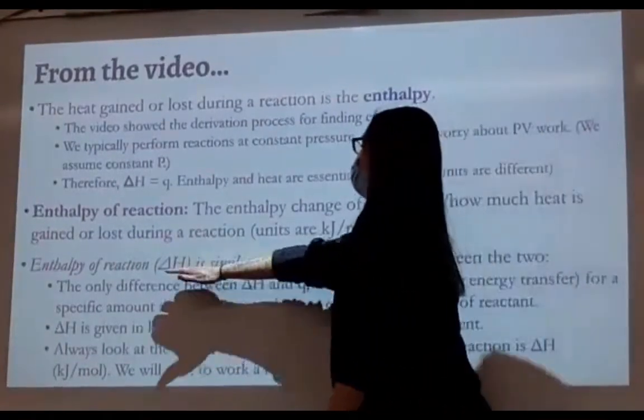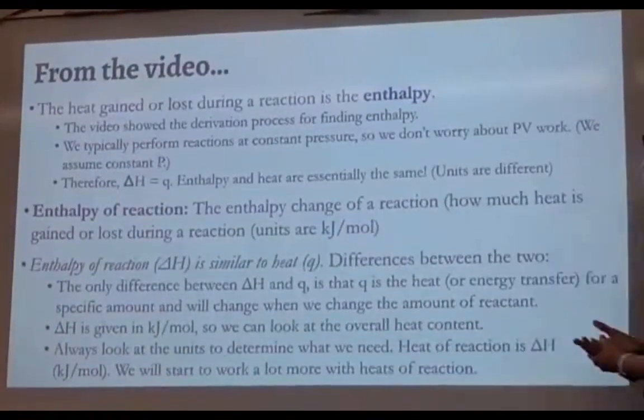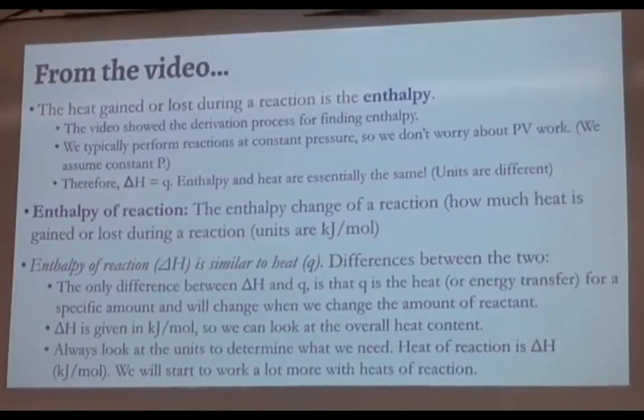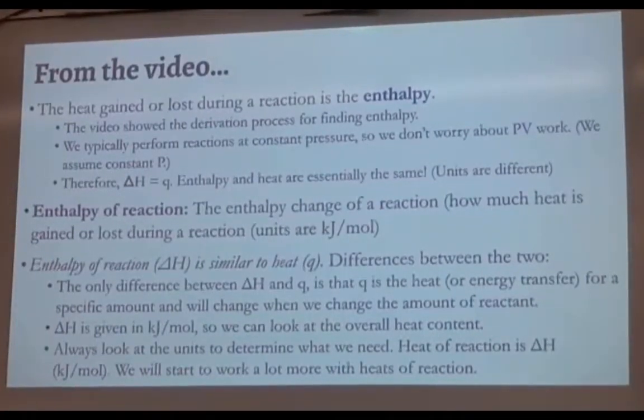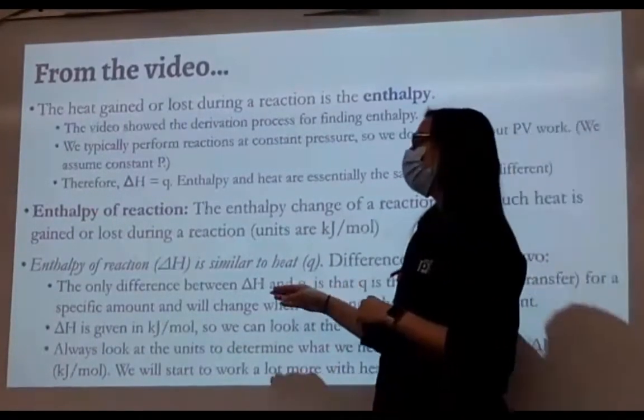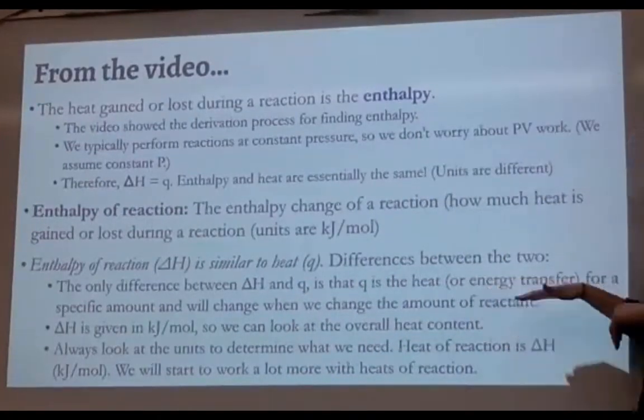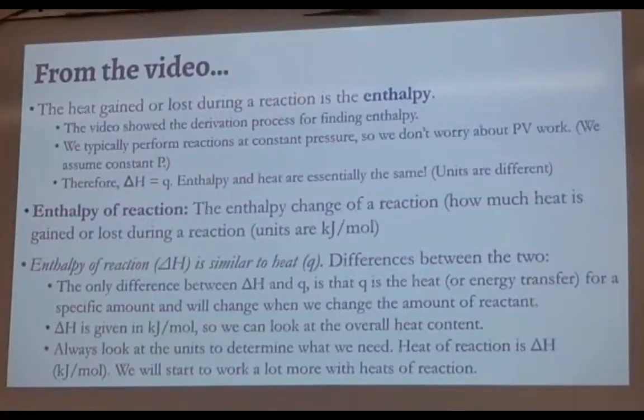So when we say that delta H and Q are essentially the same, the only difference is that Q is for a specific amount of something. We're going to look at this idea of the units being different today as we calculate delta H. Q is for a specific amount.